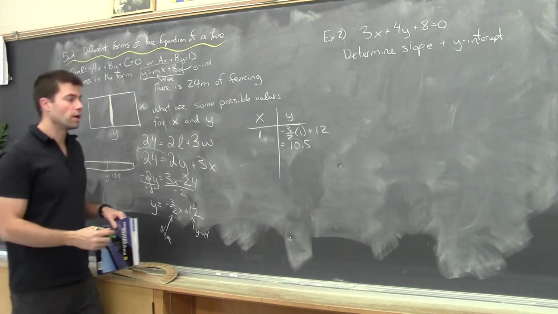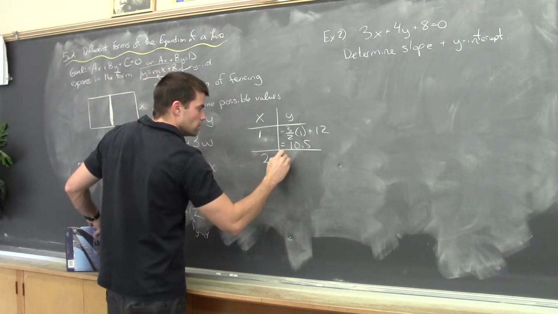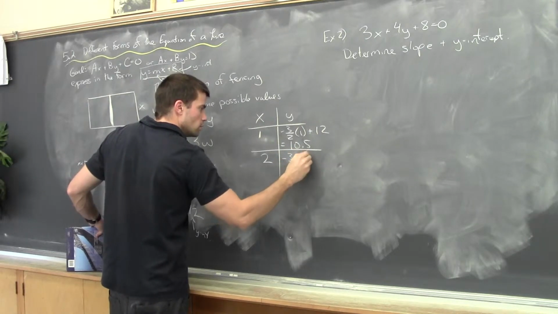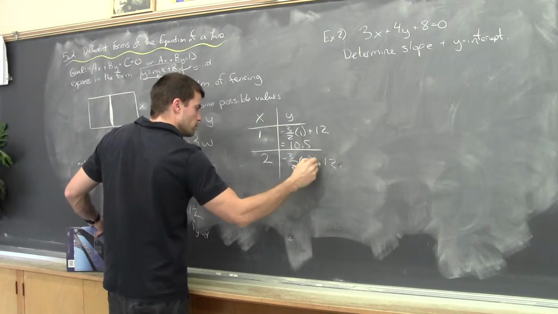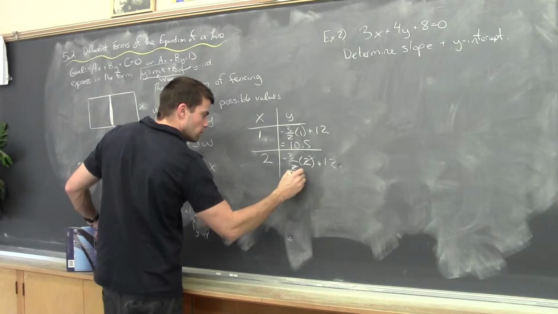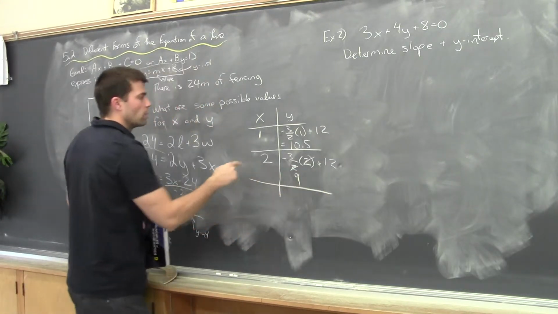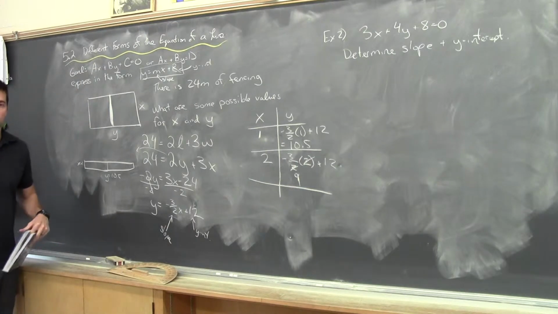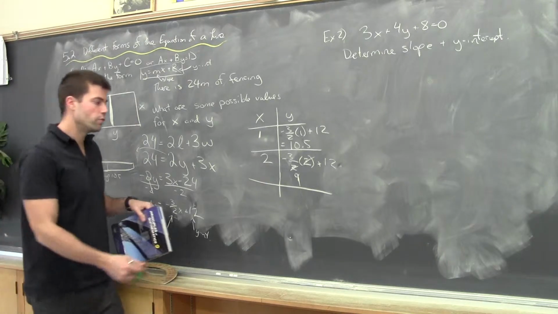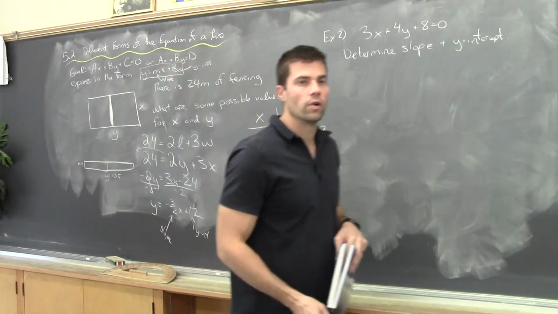Another possible value I can sub in for X: let's sub in 2. Negative 3 over 2 times 2 plus 12. These 2's are going to cross out. We have negative 3 plus 12 is 9. So there's another possibility: my width is 2, my length is 9. Any questions there? And so on. We can plug in 3, plug in 4, we could even plug in 100, or any number, and then figure out Y.